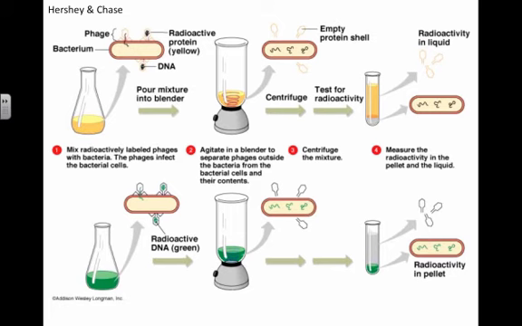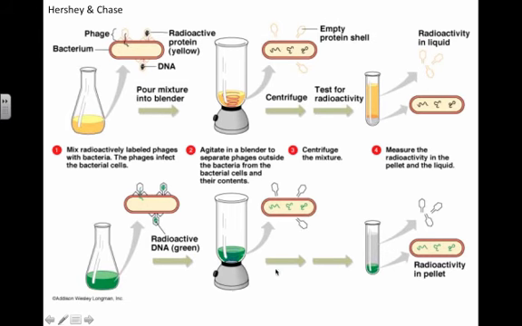And as you know, sulfur is a component of proteins because cysteine is an amino acid that contains sulfur, and there's no sulfur in DNA. On the other hand, DNA has a sugar phosphate backbone, and so there's phosphate in DNA, whereas there's not phosphate really in proteins.